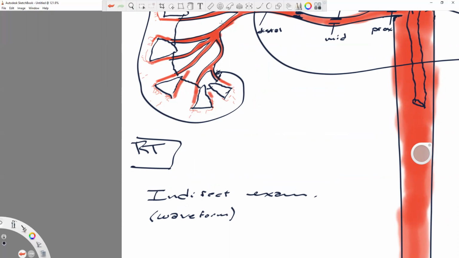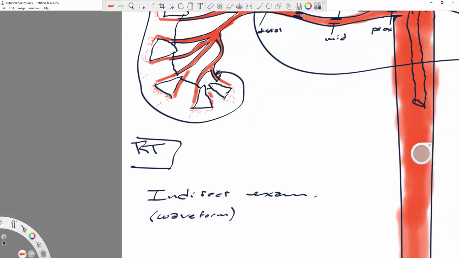If you're going to do it right here on the, oh gosh, of course I grabbed the wrong image for my segmental. The segmental arteries, go ahead, angle correct.